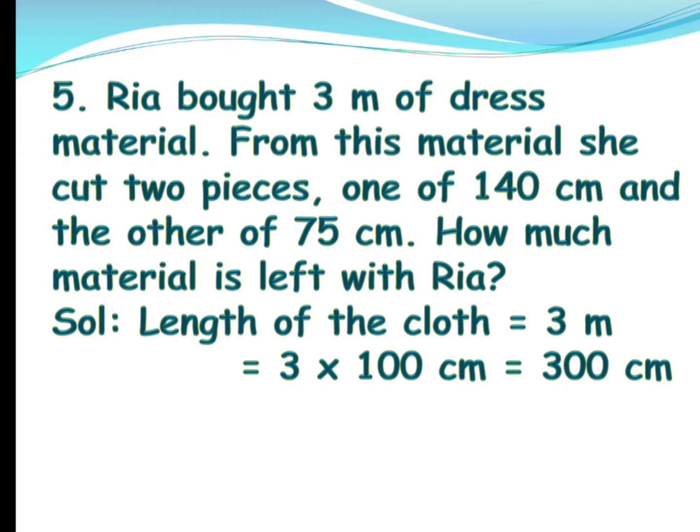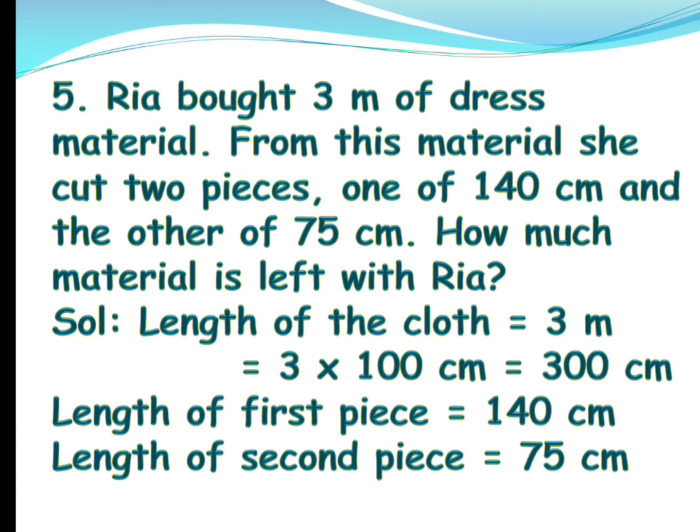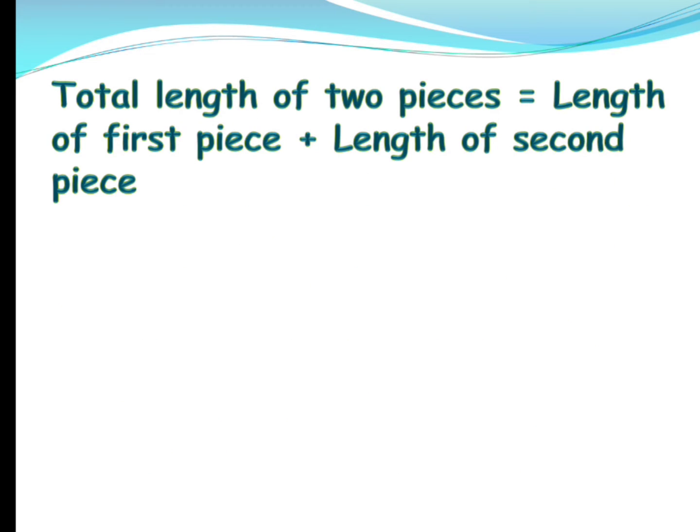Now length of the first piece is equal to 140 centimeters and length of the second piece is equal to 75 centimeters. Now altogether how much? Length of first piece plus length of second piece, which is 140 plus 75. Here also, children, you have got habituated to doing additions directly.